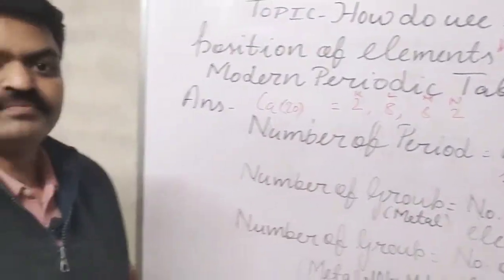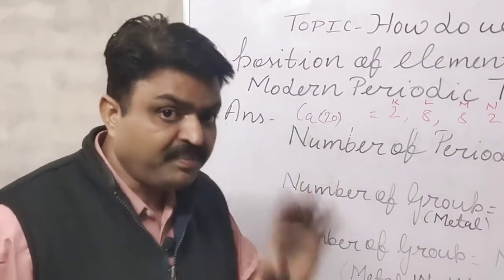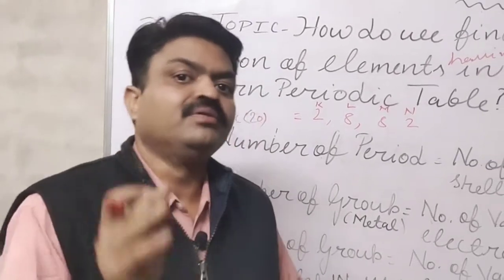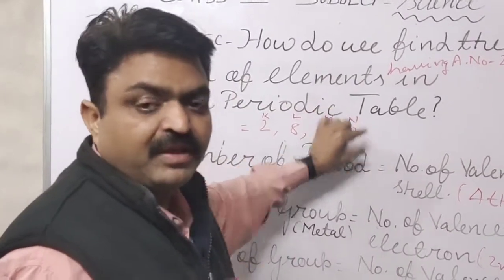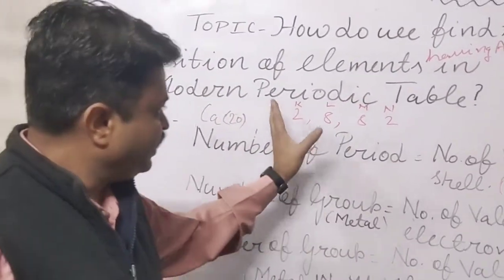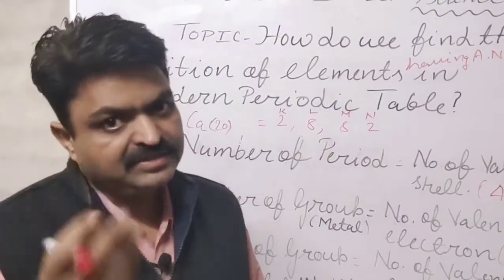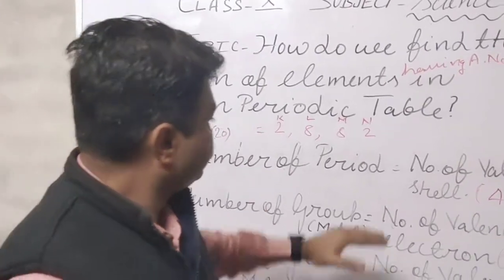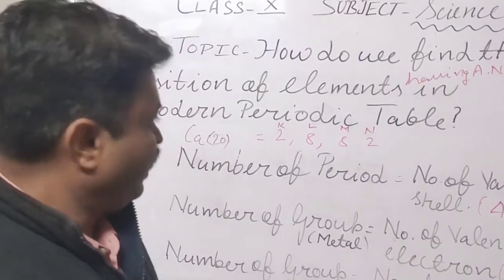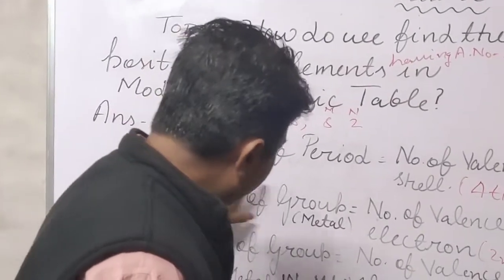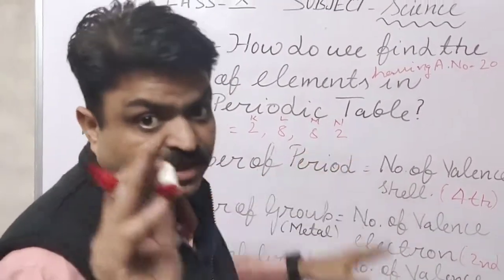So like this, we get the position of elements in the modern periodic table without looking at it. First we write the electronic configuration, and after writing it we find the number of valence shells. With the help of the number of valence shells, we can easily know the period of that particular element. And for the group, we take the number of outermost electrons, meaning the valency.